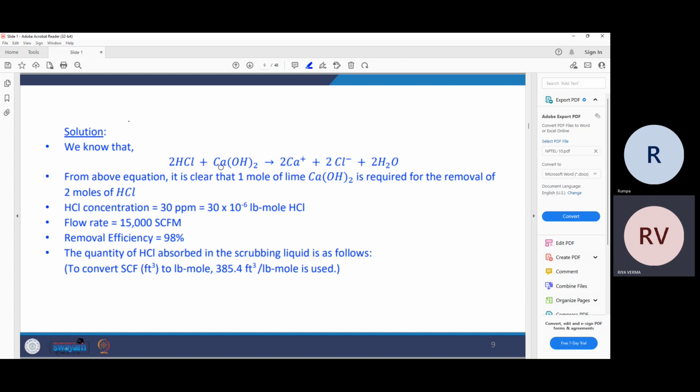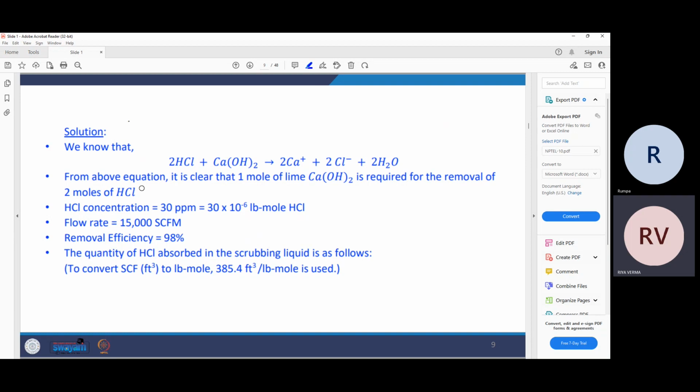So from this equation, it is very much clear that 1 mole of lime is required for the removal of 2 moles of HCl. You can see that. 1 mole of lime reacts with 2 moles of HCl to neutralize it.